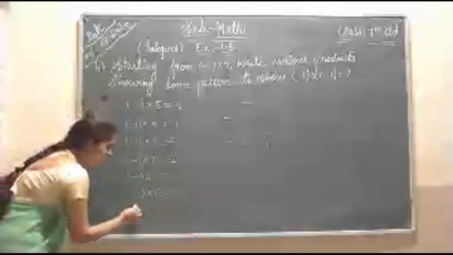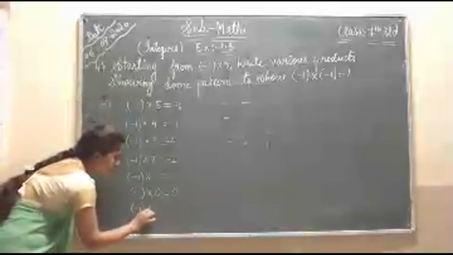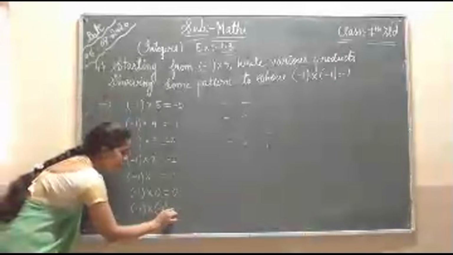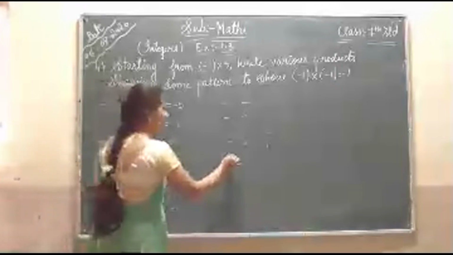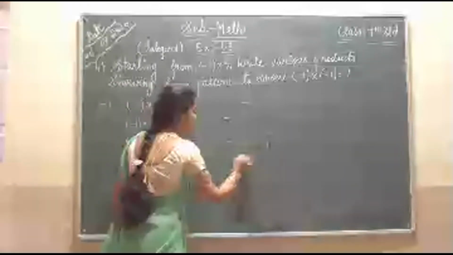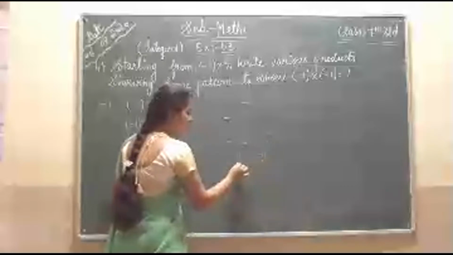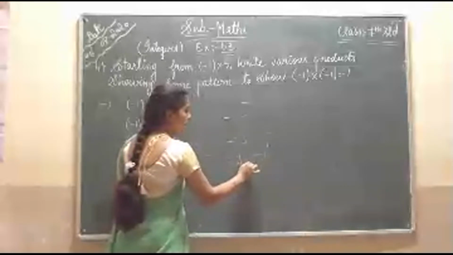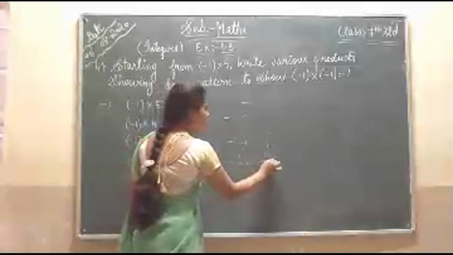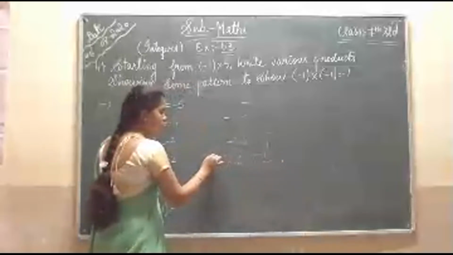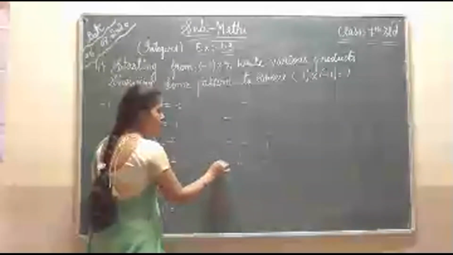Next, after 0, minus 1 into minus 1. See here, in integers I have explained 0 on a number line. Plus 1, plus 2, plus 3, plus 4, plus 5, and here on the left hand side, minus 1, minus 2.